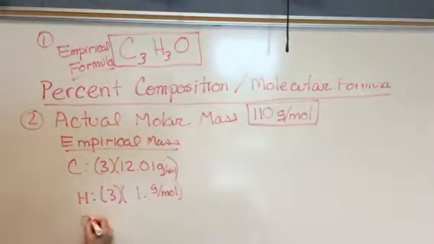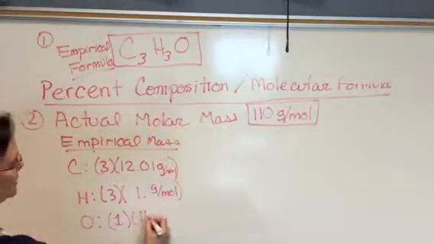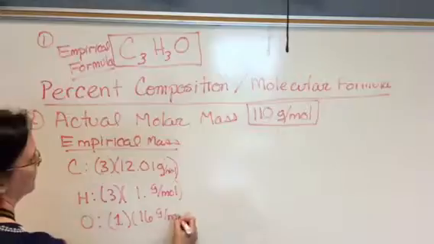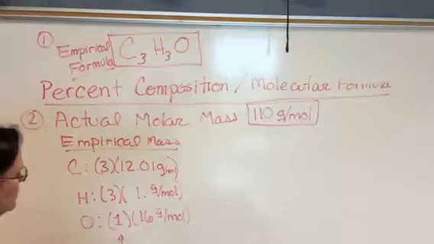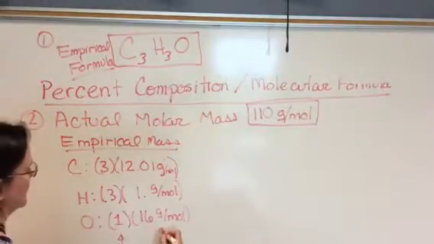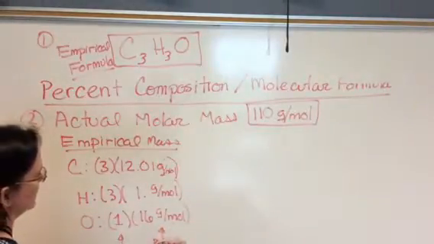And then oxygen, we have 1, and each of those is 16 grams per mole. Again, these numbers here came from our subscripts, and these guys here came from our periodic table.